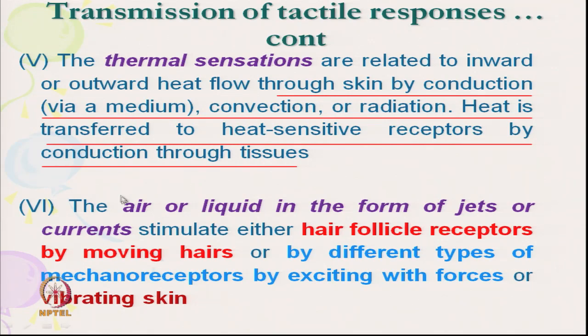Next is that air or liquid, in the form of a jet or current, stimulates either hair follicle receptors by moving the hair, or different types of mechanoreceptors by exciting with force or vibrating the skin. So, this is very important.